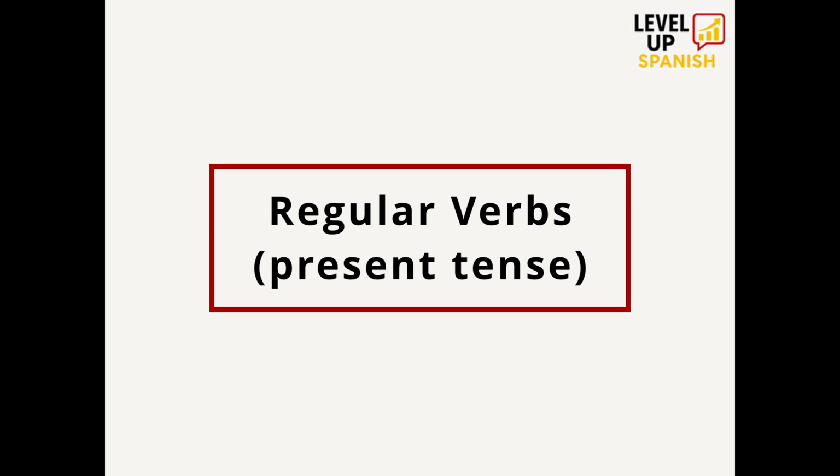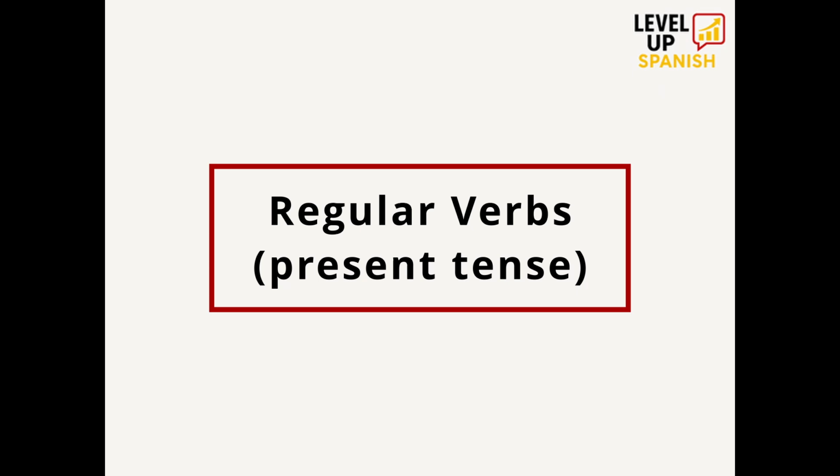Today we're going to take a big step forward in your Spanish learning journey. So far you've learned important verbs like ser, estar, tener, ir, and venir. Good job. Now it's time to unlock a powerful new tool, regular verbs in the present tense.